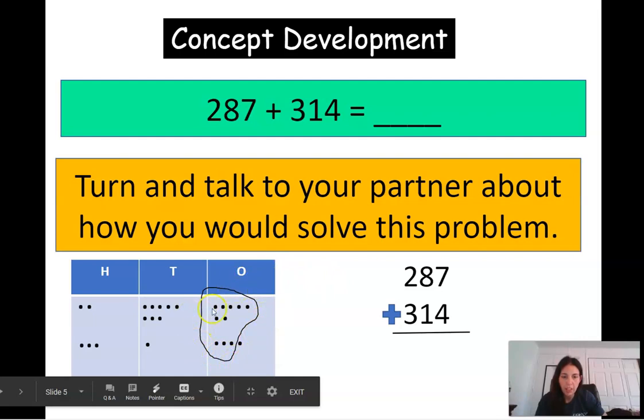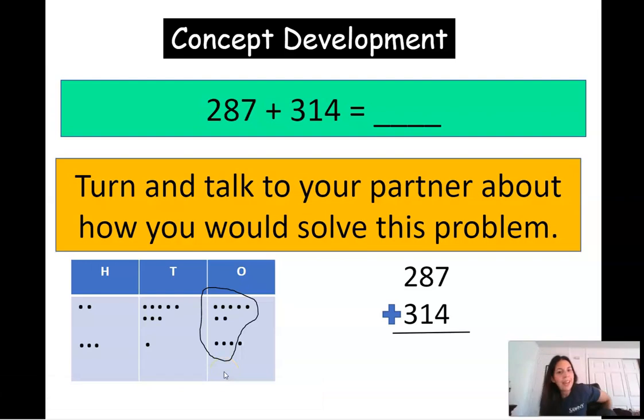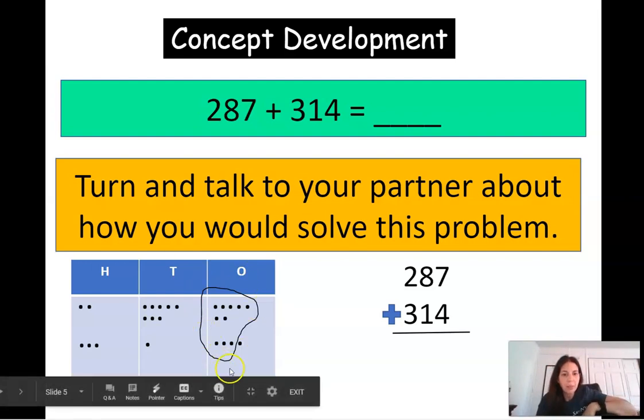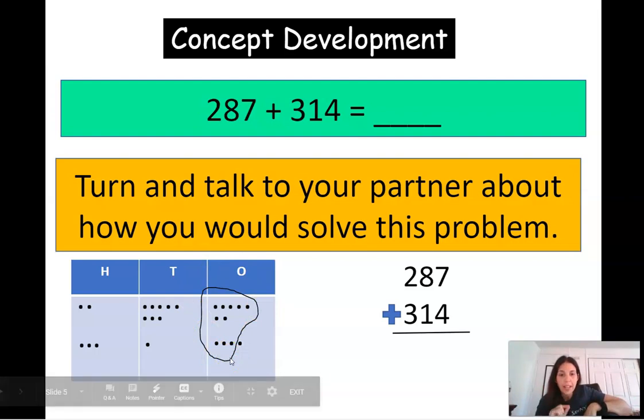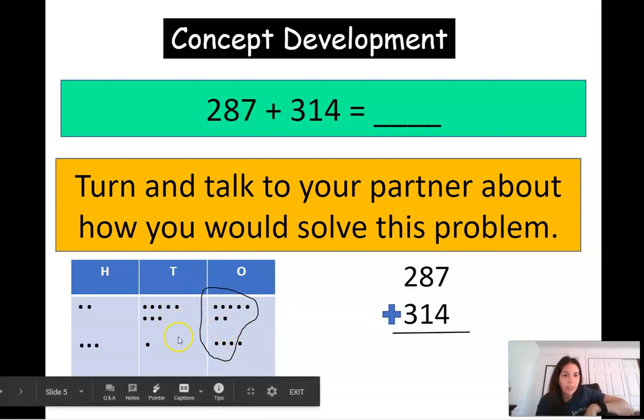So when we look at our hundreds, tens, and ones, and we count, remember, if you count your ones and you have 10, you stop, you circle your group of 10, and you're going to bring it over to your tens place, right here, okay? And now we have 10 again.